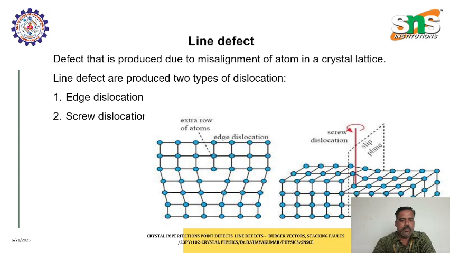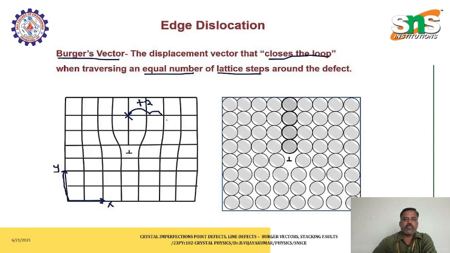The line defect is produced due to the misalignment of atoms in a crystal lattice. Line defects are of two types of dislocation: edge dislocation and screw dislocation. This picture clearly explains edge and screw. In the edge dislocation, an extra row of atoms is missing and the atom positions change, and a slip plane is formed in screw dislocations.